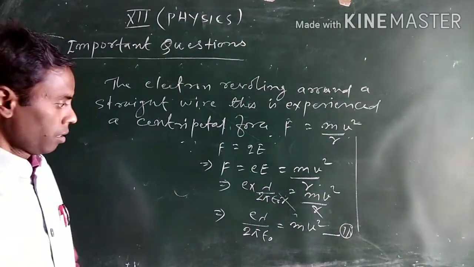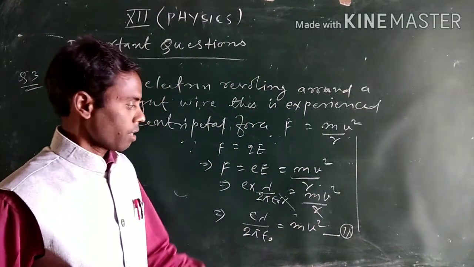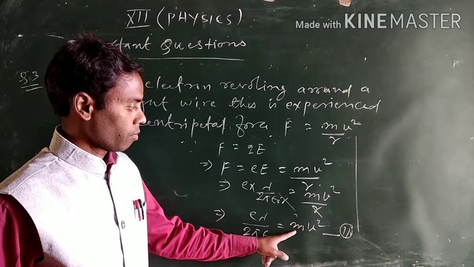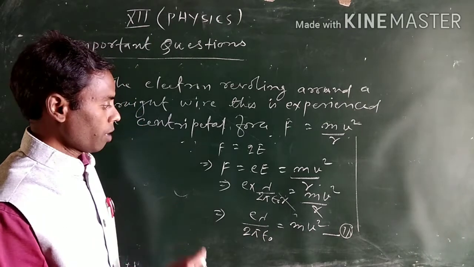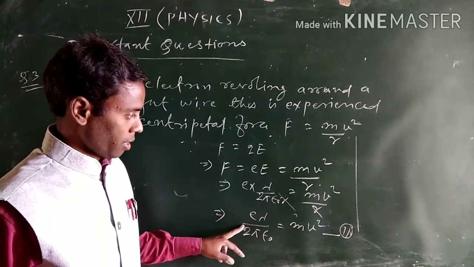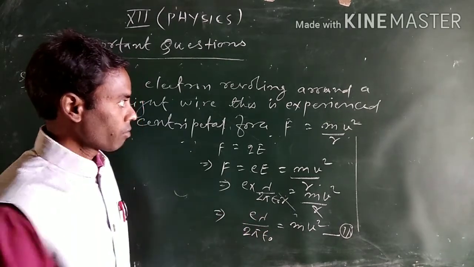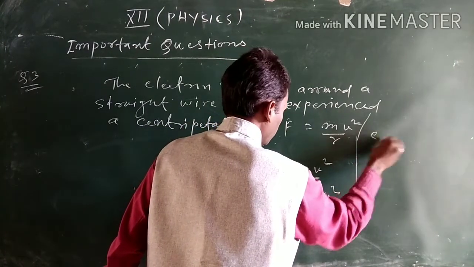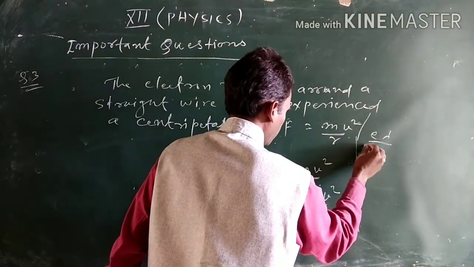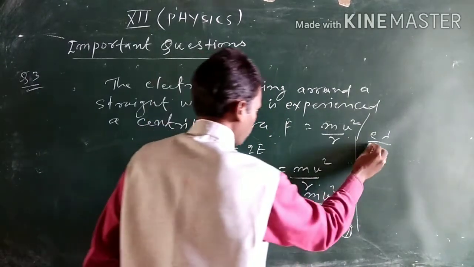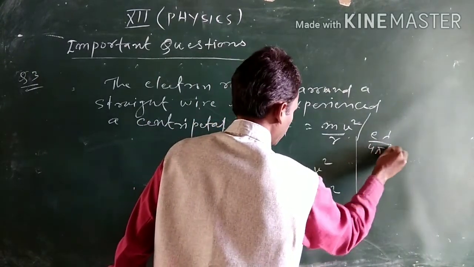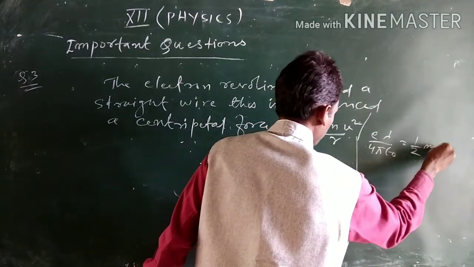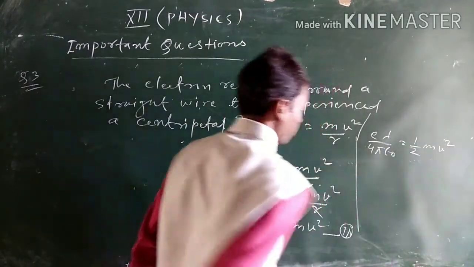After that, for mv square, we have to take half of this term. We multiply equation 2 by 1 by 2, then we get e lambda divided by 4 pi epsilon naught is equal to 1 by 2 mv square.